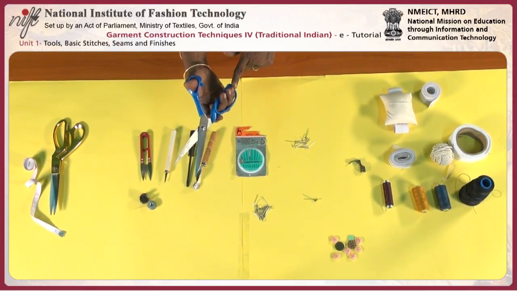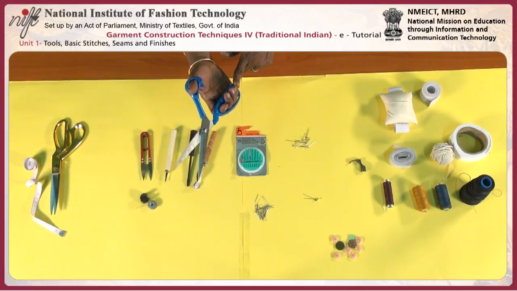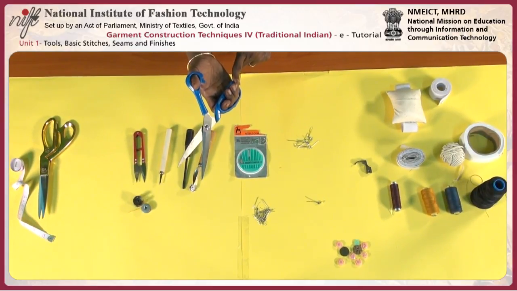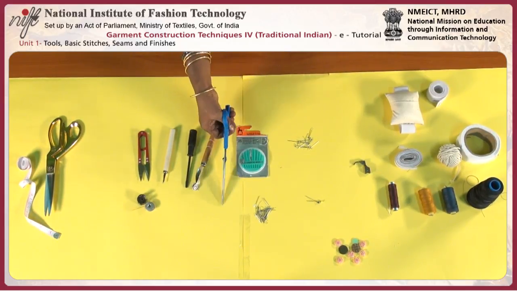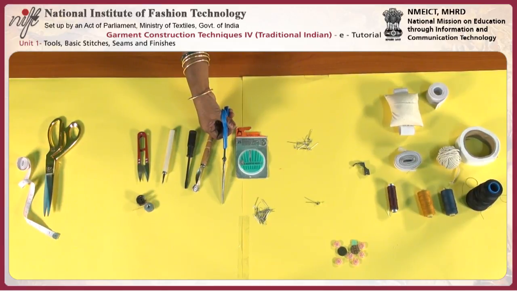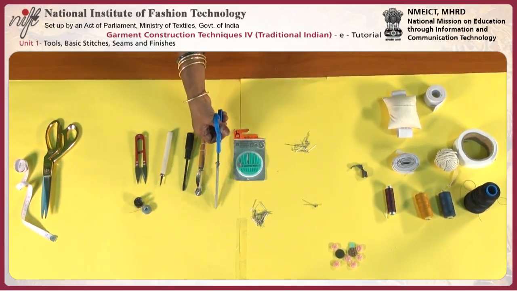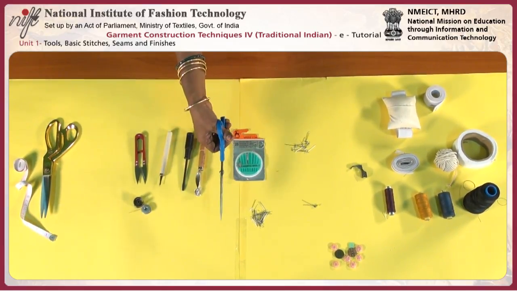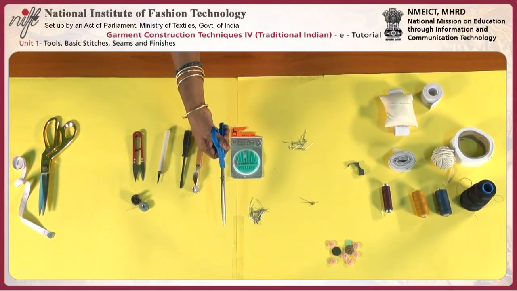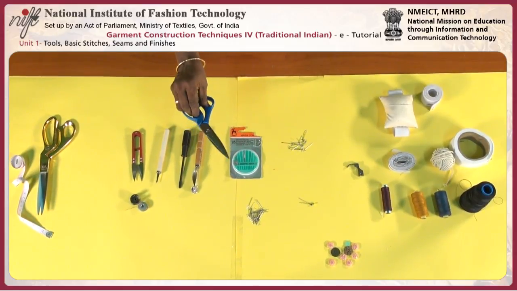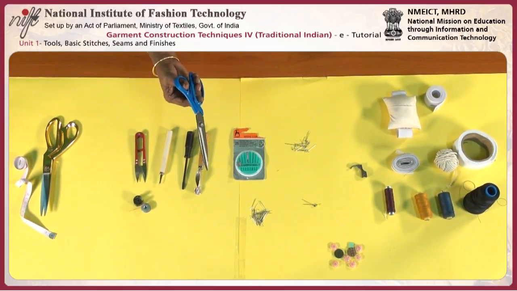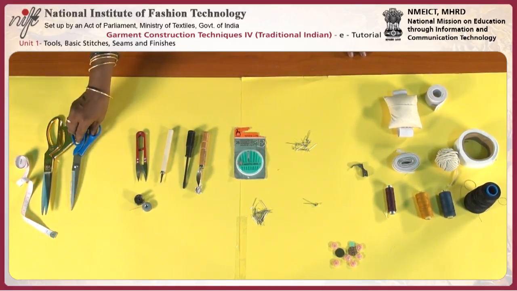The big hole accommodates four fingers and the small hole accommodates the thumb. We cut in the same manner: opening will open the blade and closing will close the blade. So you make the cut on small fabric, paper or a trim. It's a paper cutting scissor, or it can be used to cut thread also.